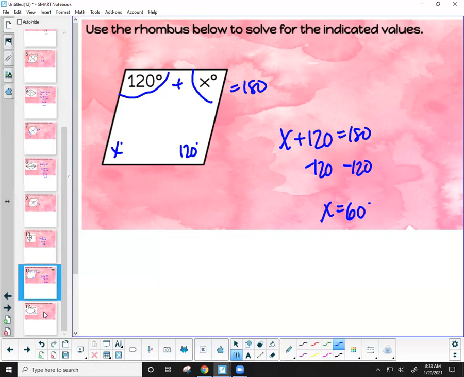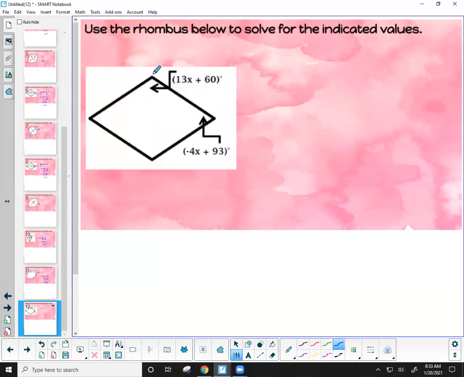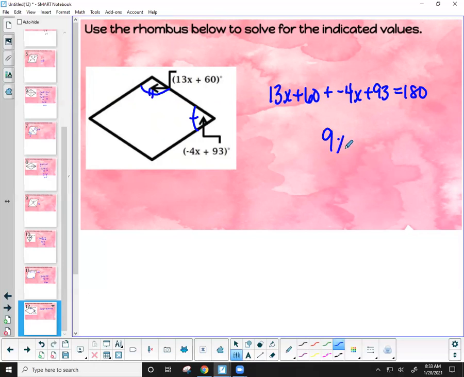All right, so last example. These two angles are not opposite of each other, so they're going to measure different things, right? This means they have to be supplementary. So 13x plus 60 plus negative 4x plus 93 has to equal 180. 13 minus 4 gives me 9x, 60 plus 93 gives me 153.